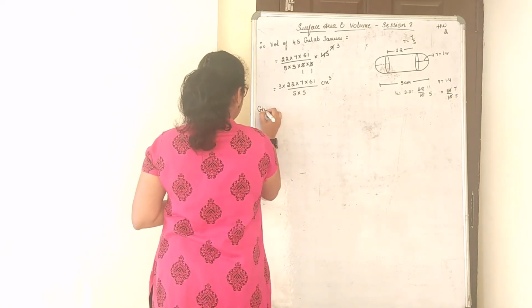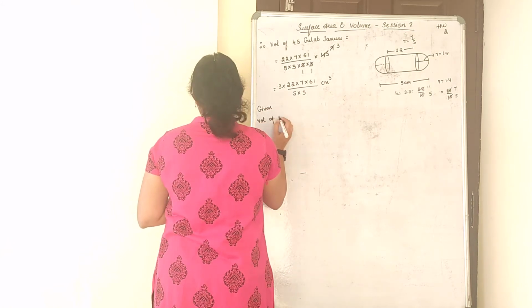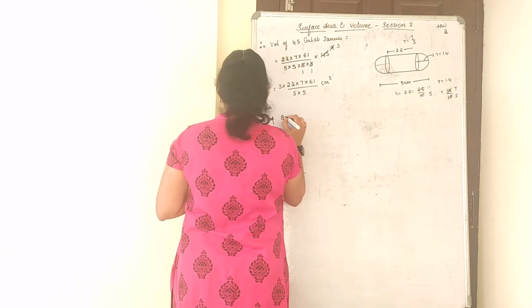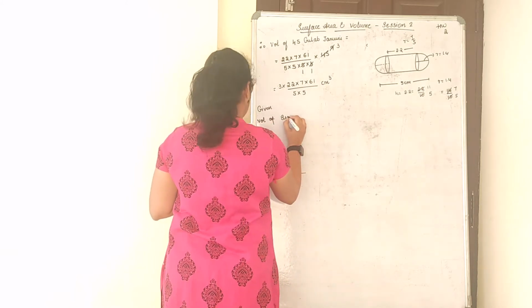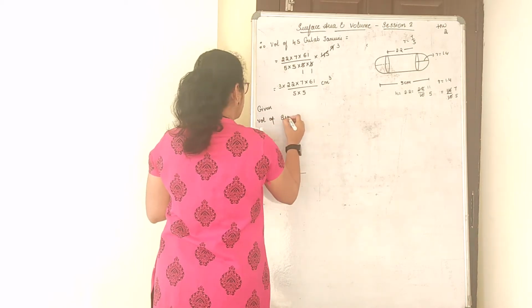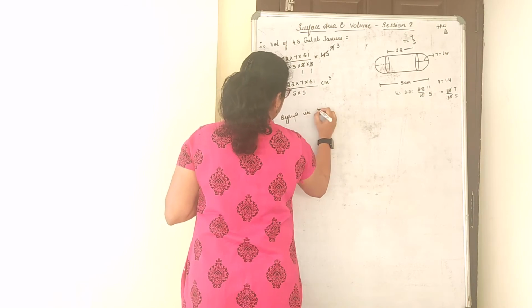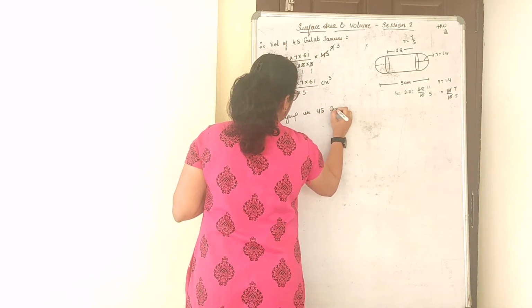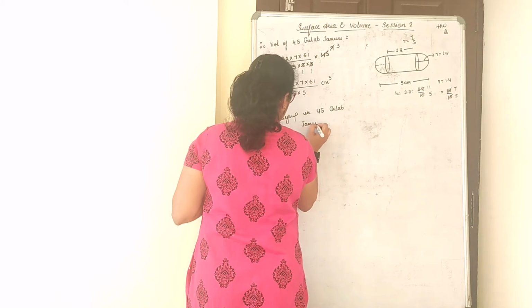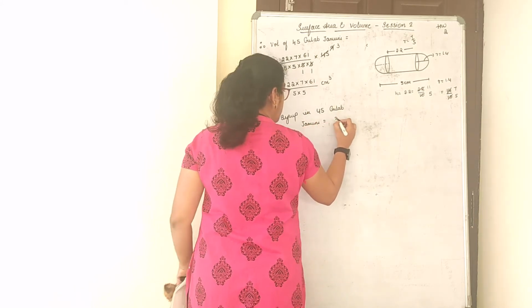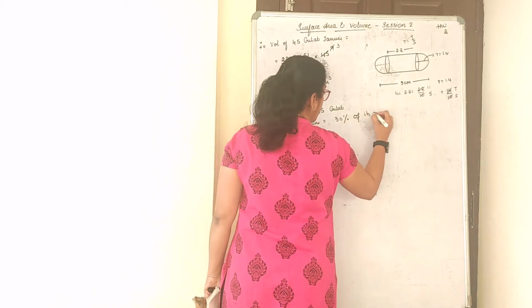Given volume of syrup, where it is here, S. Volume of syrup in 45 gulab jamuns is equal to 30% of its volume.